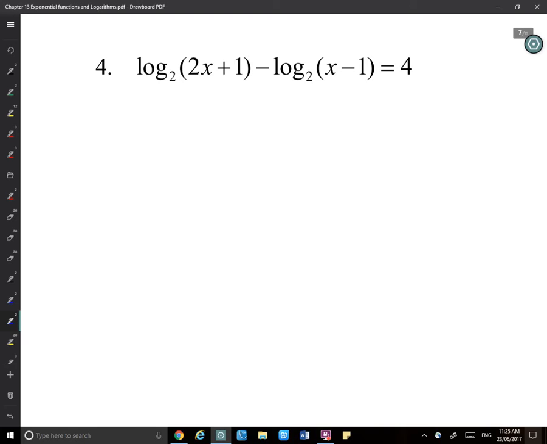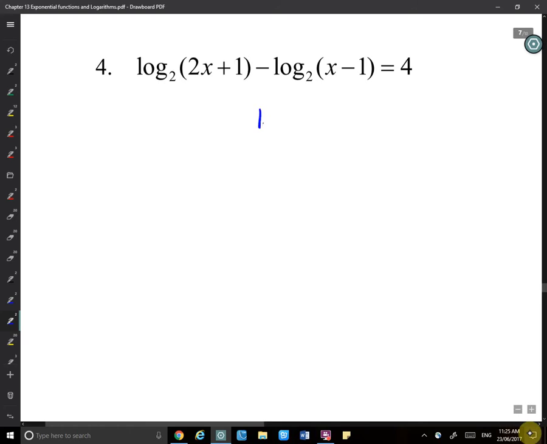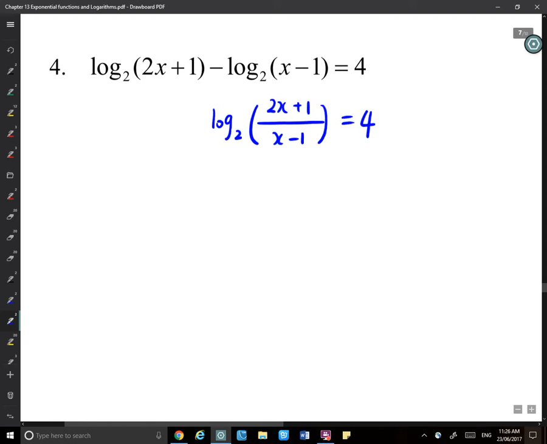Let's say first, we have log 2 of (2x + 1) minus log 2 of (x - 1) equals 4. So I have two logs and they subtract each other. So we can have log 2 of (2x + 1) over (x - 1) equals 4.